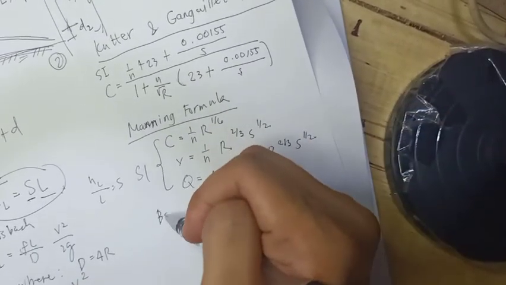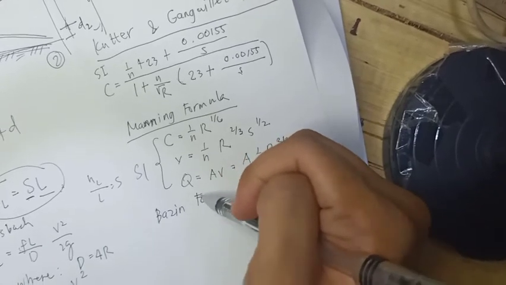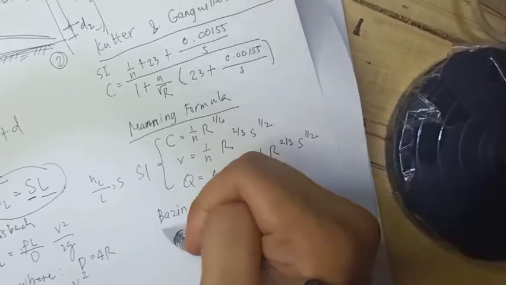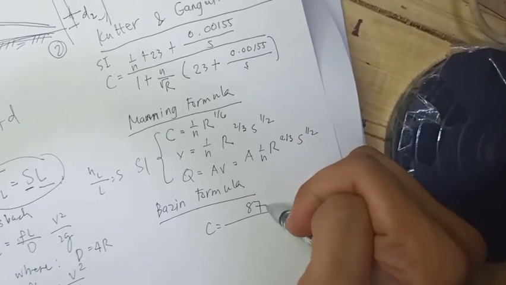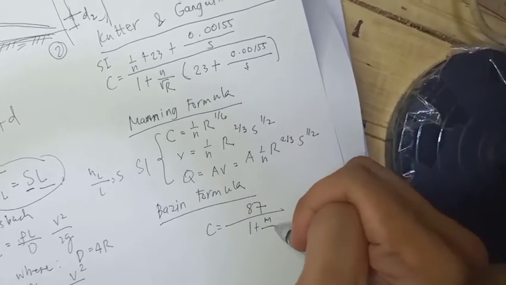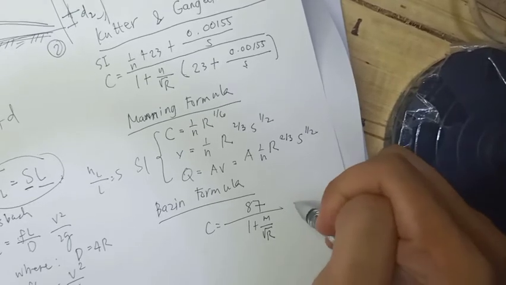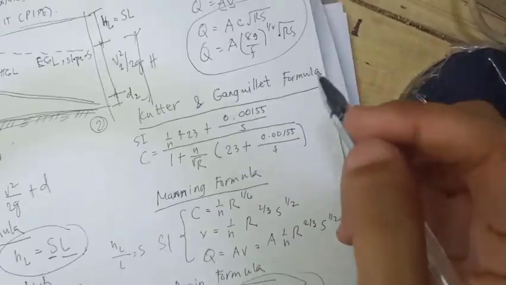And now the next formula would be the Basin formula. C equals 87 over 1 plus m over the square root of R. Again, it would be in SI.